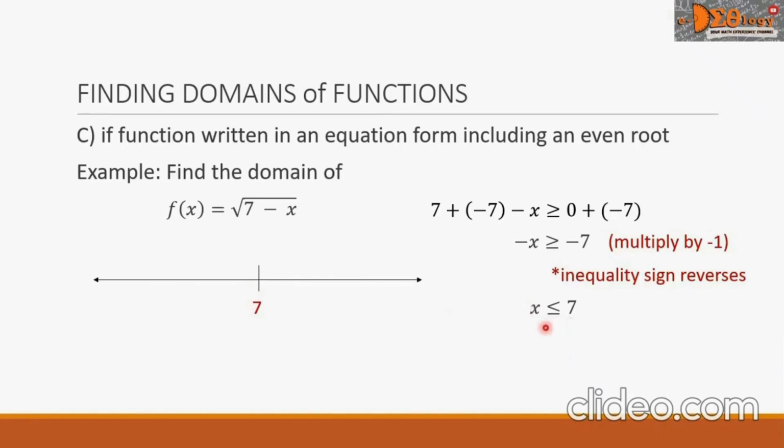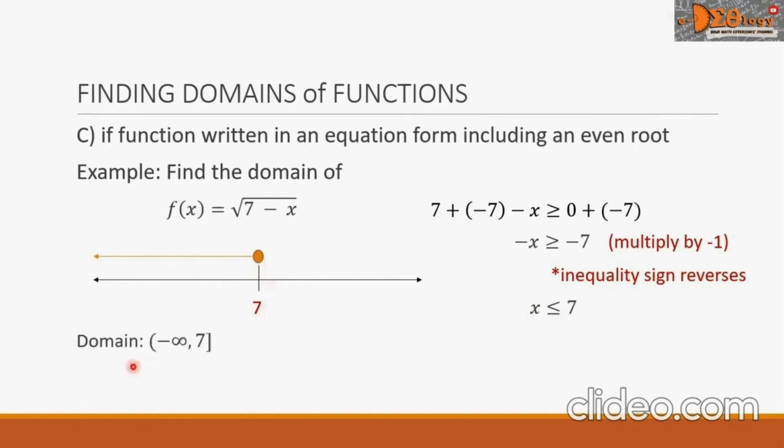It means those numbers on the left side of this positive 7. So this is our graph. And we put a solid dot on top of 7 because of the less than or equal sign. It means the number 7 itself is part of the solution.